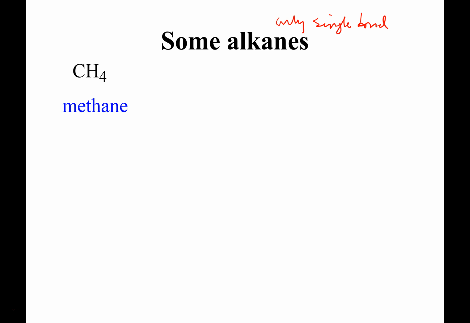So methane. That's it. Okay. 2 carbons is eth. 3 carbons is prop. And 4 carbons is but. So here we have 4 carbons, all single bonds, butane.